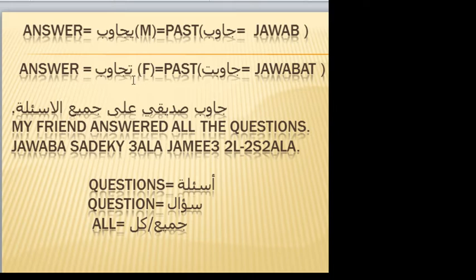For females, we transfer the ta from the beginning of the verb to the last of the verb. So it becomes جاوبت. Okay, this is what we need in the past tense when we make a verb in the past tense.